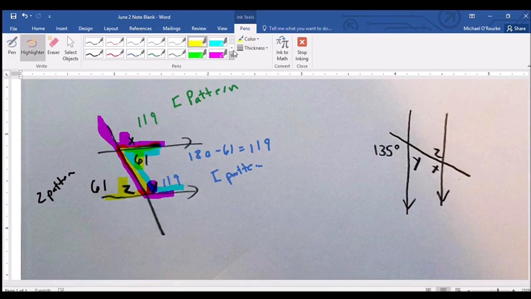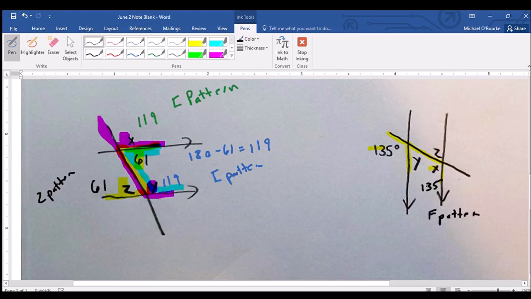So let's take a look at this next one. I have 135 here. It's on the outside. So that tells me, okay, let's do an F pattern first. Kind of get this going. So that means this is going to equal this. So that means this is 135, and I'm going to use my F pattern for that.